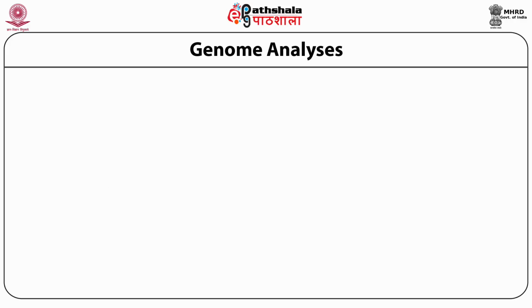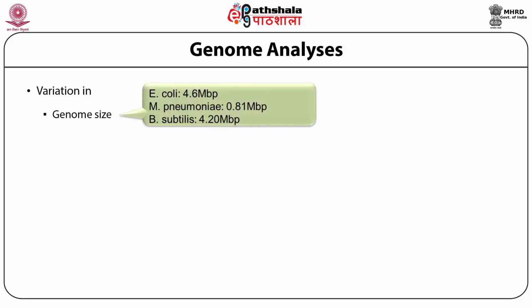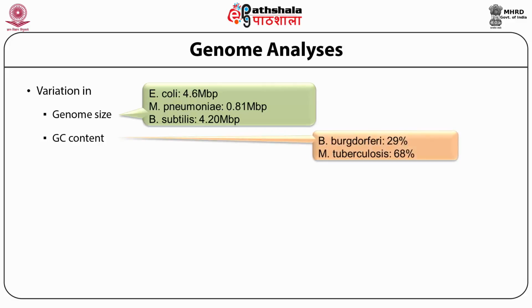We discuss genome analysis, like the variation in genome size. For example, E. coli has 4.6 megabase pairs, Mycoplasma pneumoniae has 0.81 megabase pairs, and Bacillus subtilis has 4.2 megabase pairs. On the other hand, the GC content can be analyzed, like Borrelia burgdorferi having 29% GC content, and Mycobacterium tuberculosis having 68% GC content.